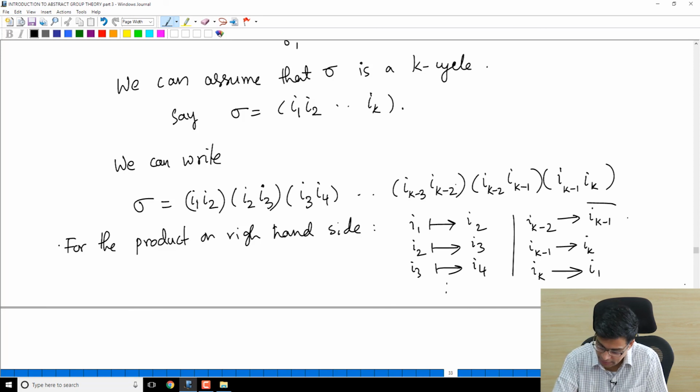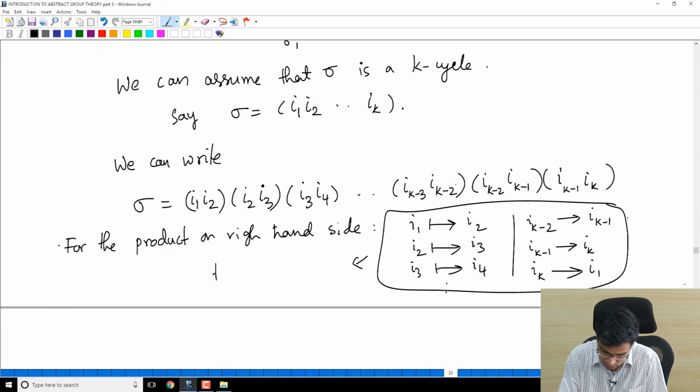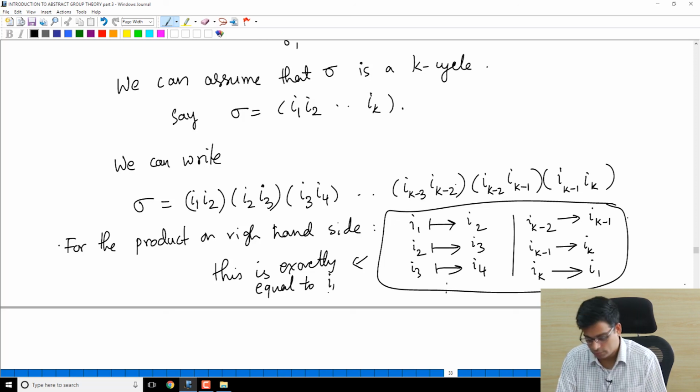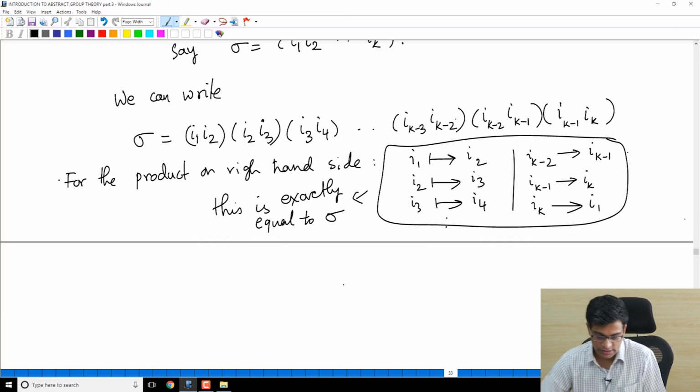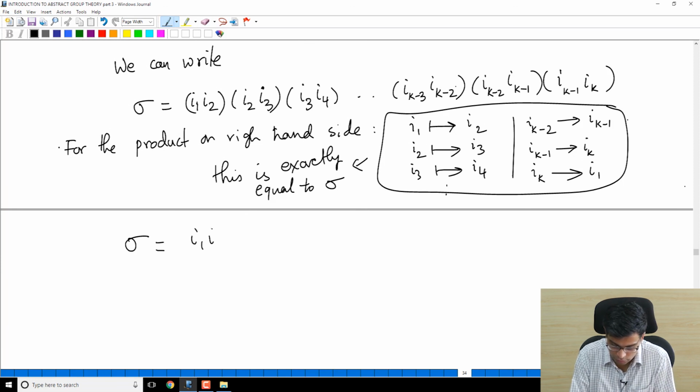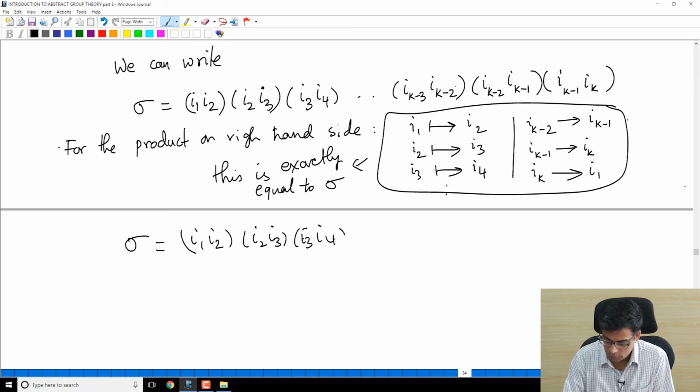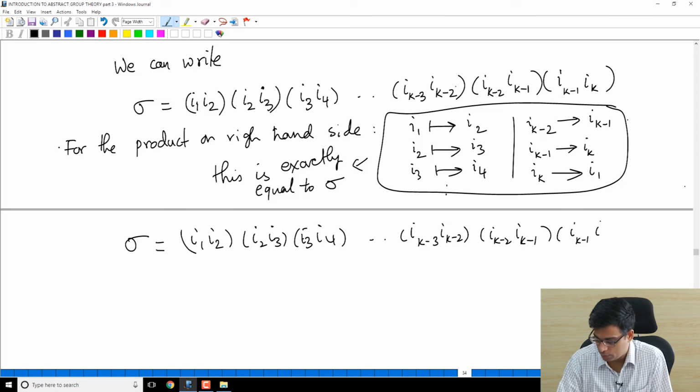But this is exactly equal to sigma. So we have shown that sigma is I1, I2, I2, I3, I3, I4, ik minus 3, ik minus 2, ik minus 2, ik minus 1, ik minus 1, ik.